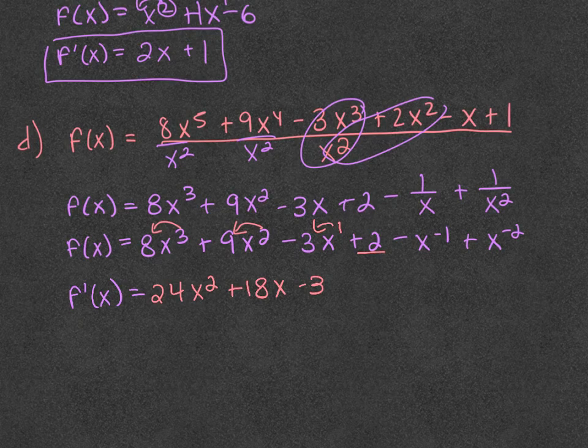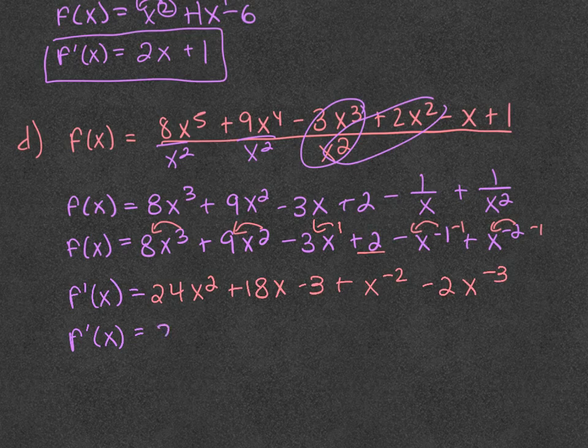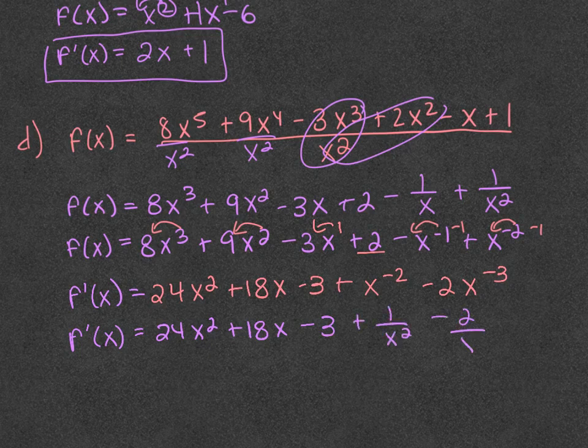Constant is just 0, so I'm leaving that alone. -1 times the negative is +1x to the -2. And then -2x to the -3. And then to fix this so we don't have negative exponents, I'm just going to move those couple of terms to the denominator. So plus 1 over x squared minus 2 over x cubed. And that's it.